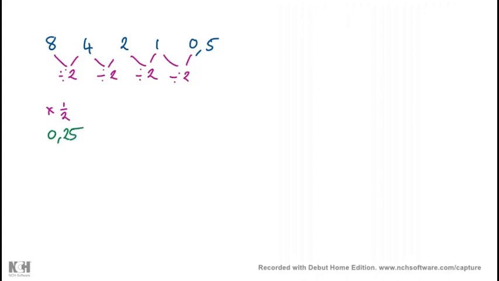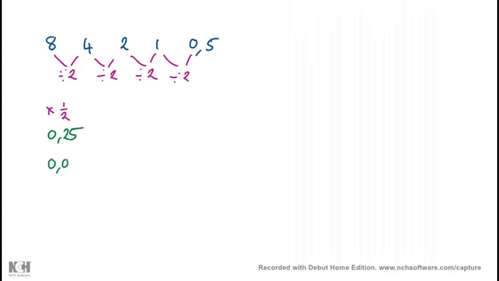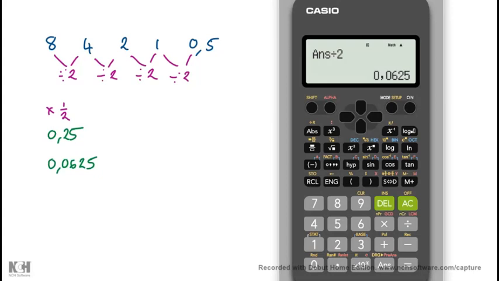Let's divide that by 2 again. Let's put that as a decimal: 0.0625. The numbers are going to get smaller and smaller until it becomes pointless to count them.